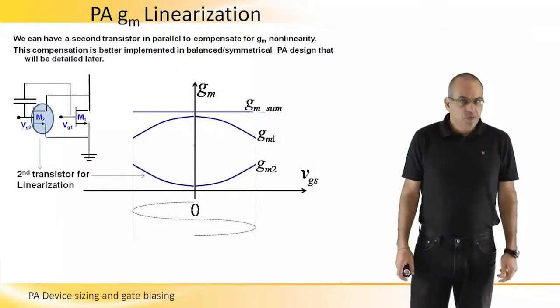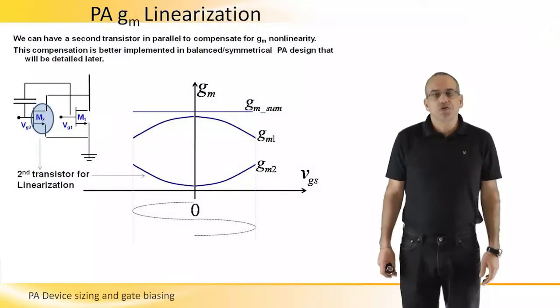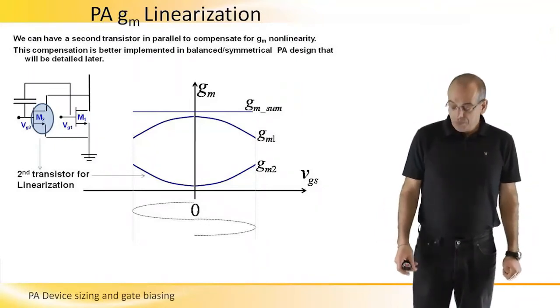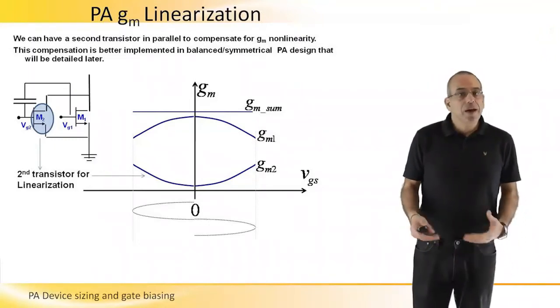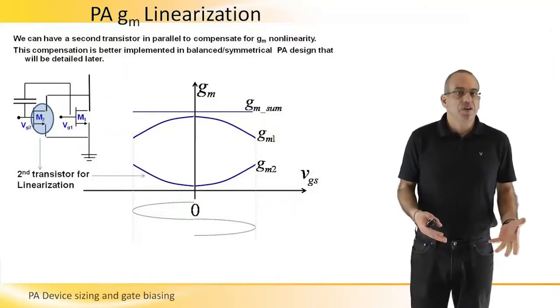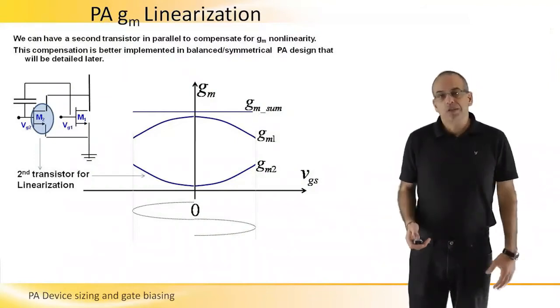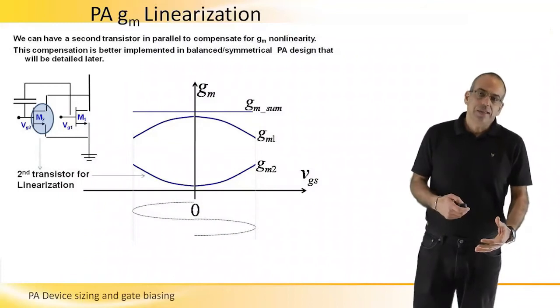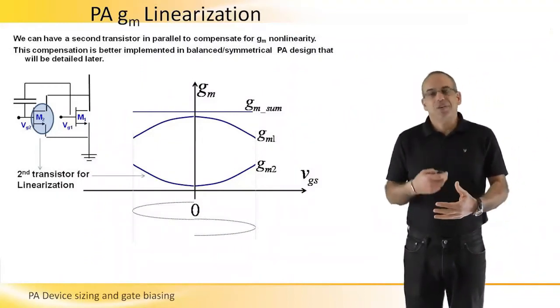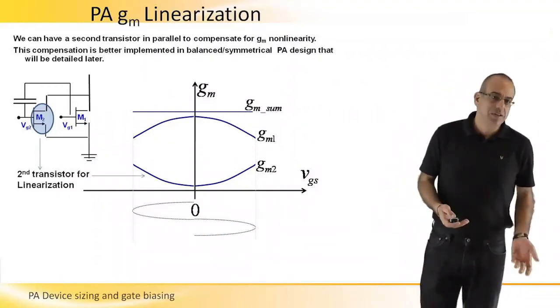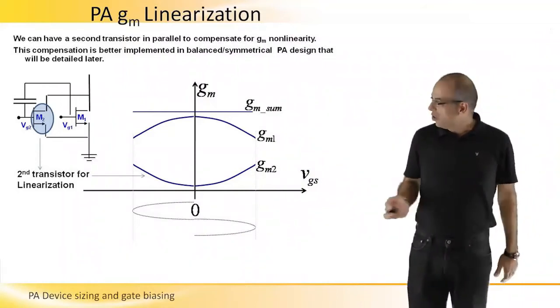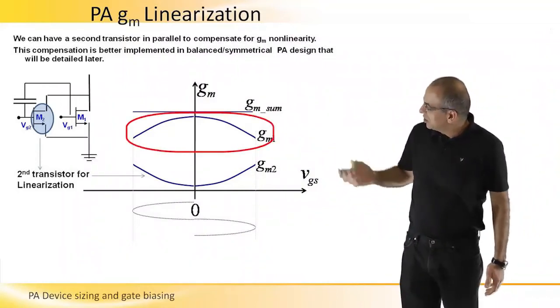A couple of papers and also a few books are trying to linearize amplifiers by introducing nonlinearity in a way that will compensate for the original nonlinearity of the transistor.